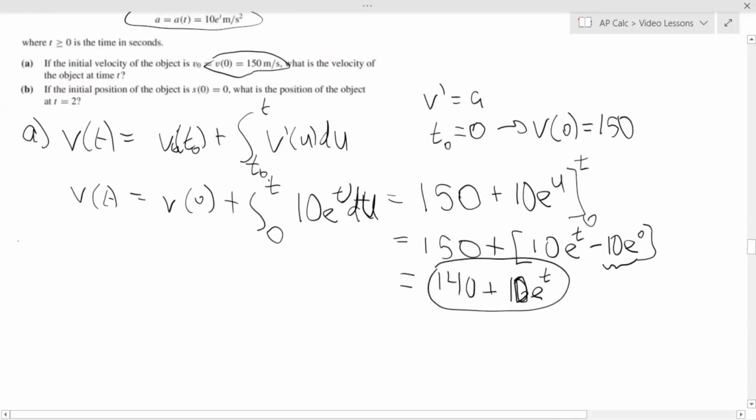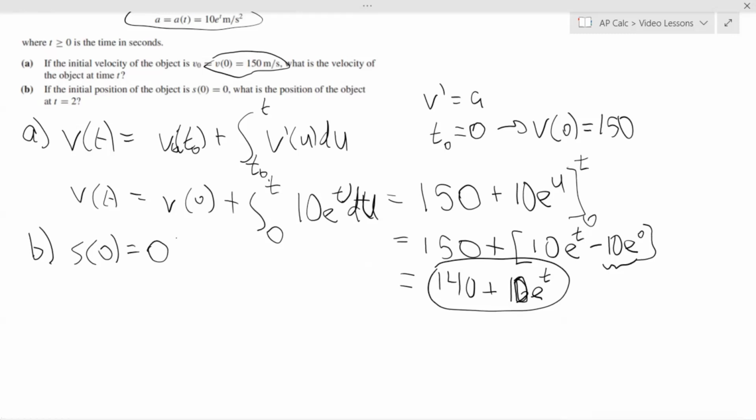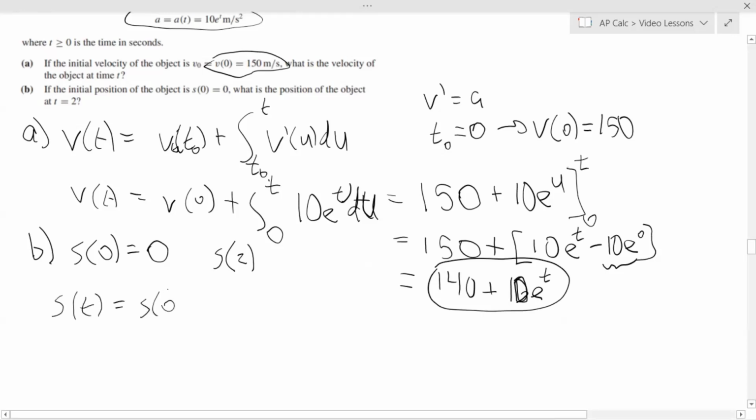Now for part B, the initial position at 0 seconds is 0. Then we want to know what's the position at 2. Similar thing here, since velocity is the derivative of position, we can get the position function by doing s of 0 plus the integral from 0 to t of v of u du.